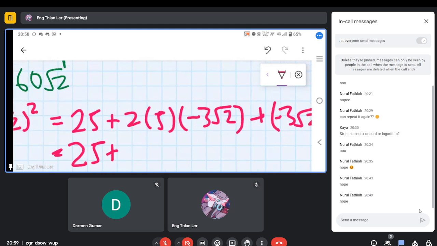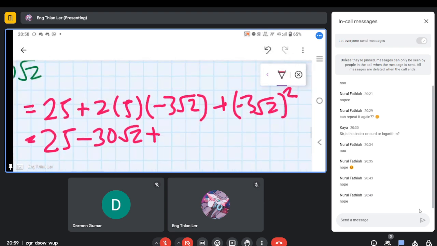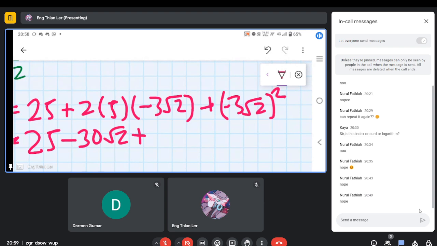From here we got 2 multiplied by 5 over negative 3, we got minus 30 root 2, plus the negative 3 root 2 squared will be 18.